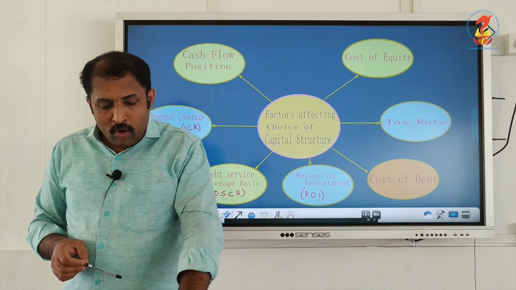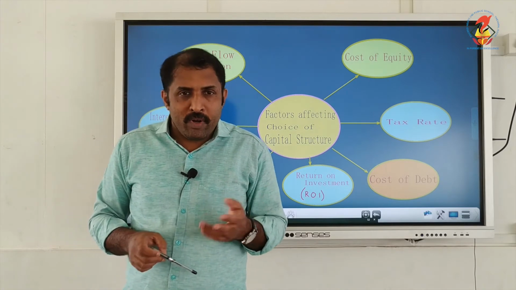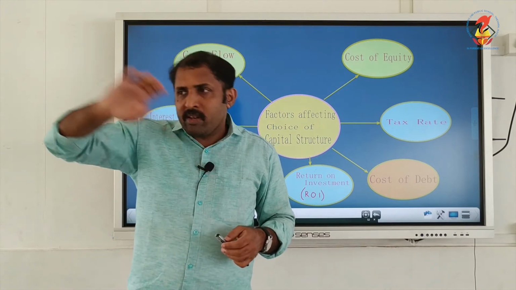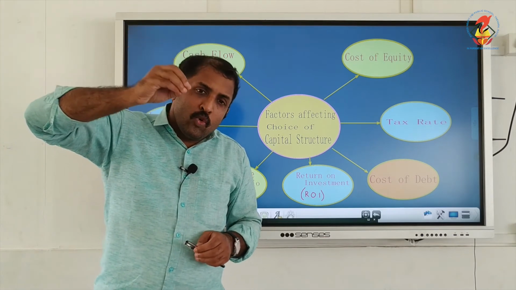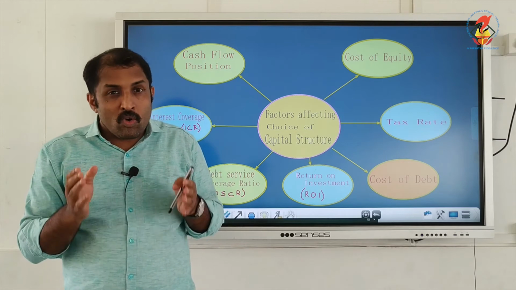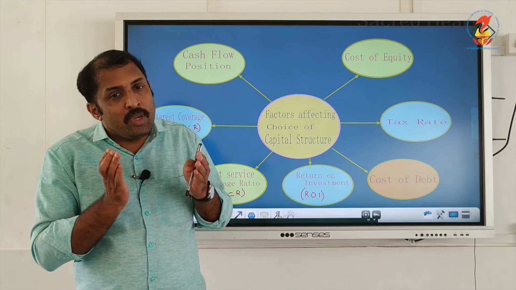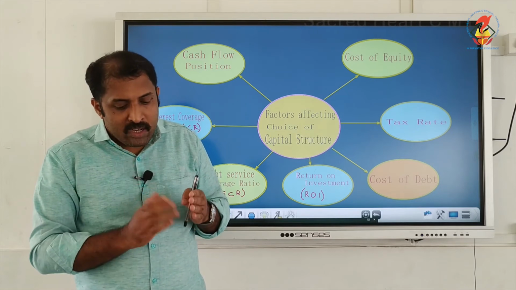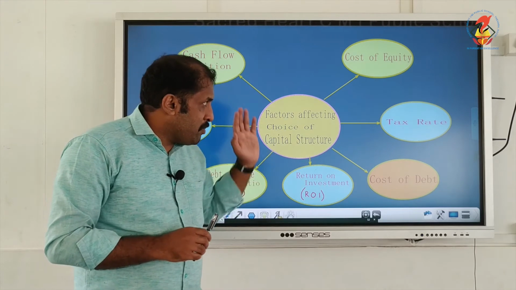To borrow at a lower rate increases the capacity of the company to employ more debt. If the company can get a lower rate of interest, it can include more debt in the capital structure. So, the cost of debt, that means the interest rate of debt, is another factor we have to consider when we are preparing the capital structure.